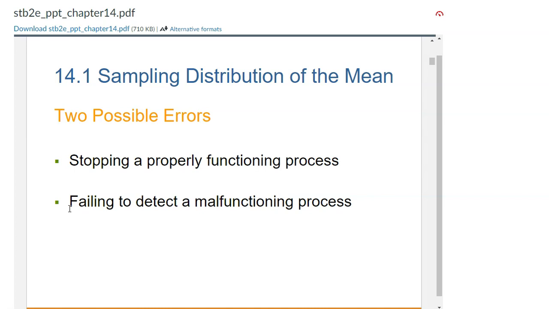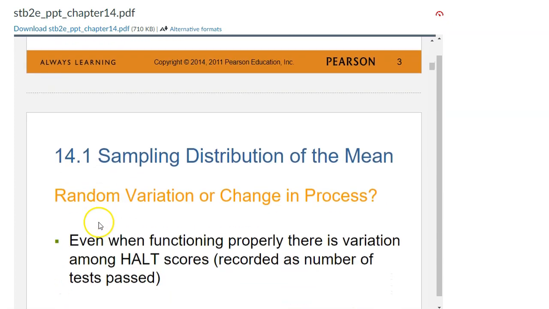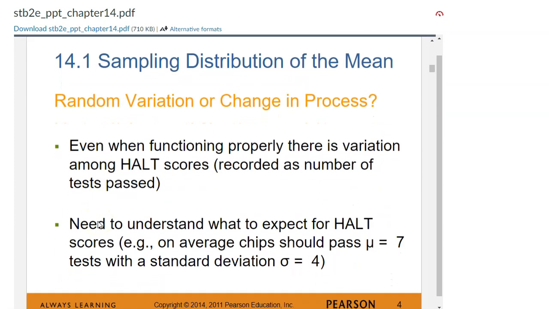Again, because of wrong data analysis, could be because of some data collection problems, and we fail to stop the system that is not working properly. That is another type of error. So we have two types of error. A system is working well and we stop it. Second error in decision making is a system is not working well and we let it go and let it continue to work.